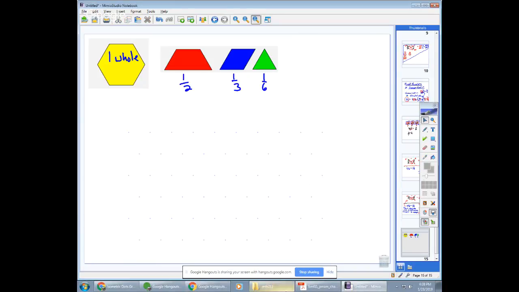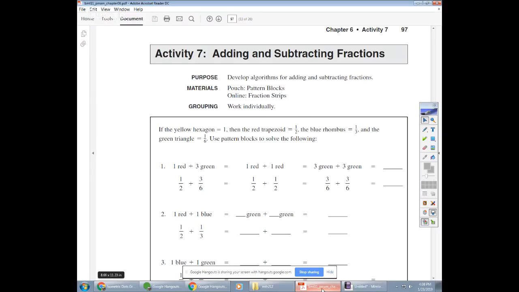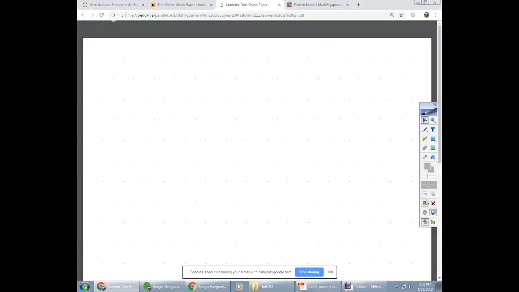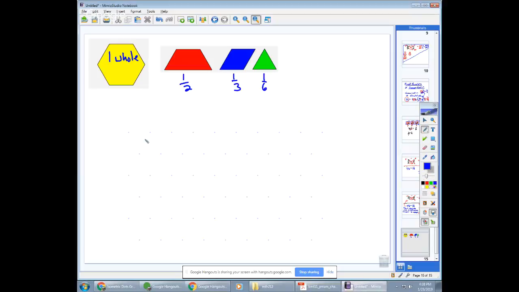All right, so again, I'm going to try and draw a picture of 1/2 plus 3/6. So, wrong page, over here, here we go. So 1/2. First I have to show my whole, and then I've got my half.